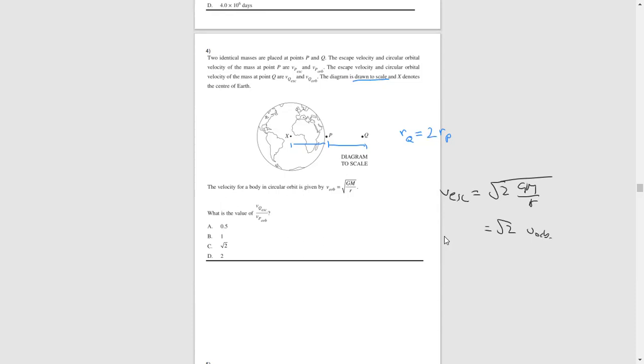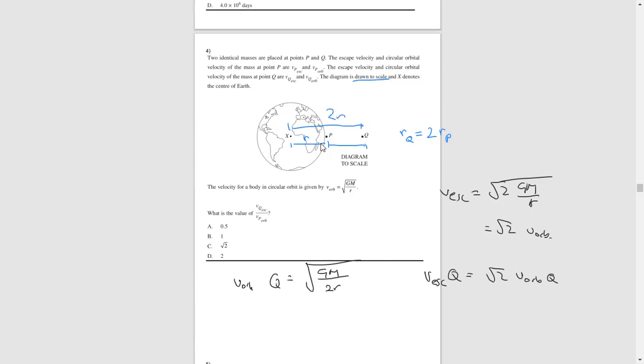Now, basically, the escape velocity of Q would equal root 2 times the orbital velocity of Q. And then we can just compare the orbital velocity of Q versus the orbital velocity of P. The orbital velocity of Q is going to be the square root of GM over, let's call this r, so this will be 2r.